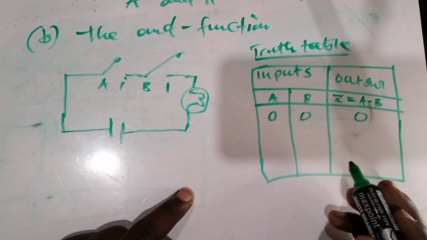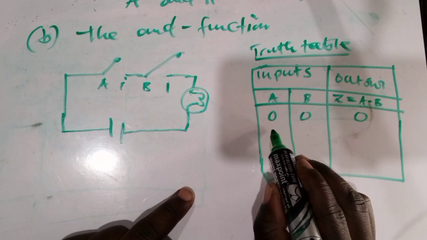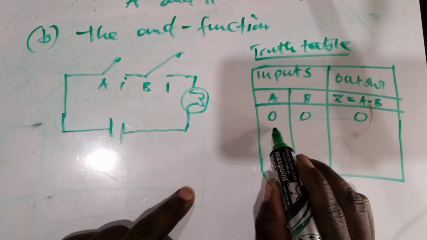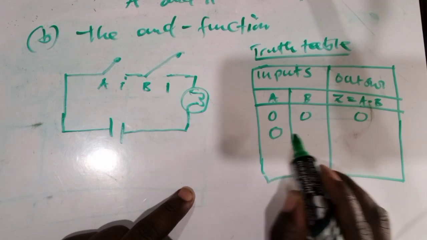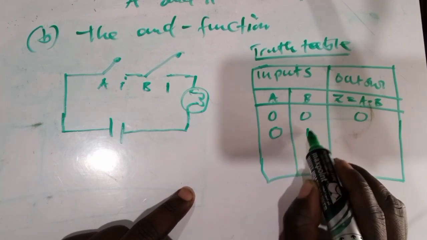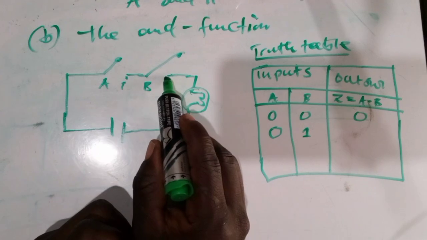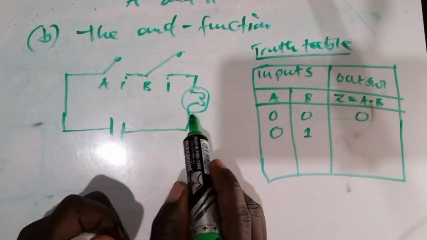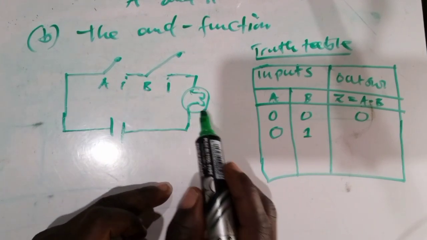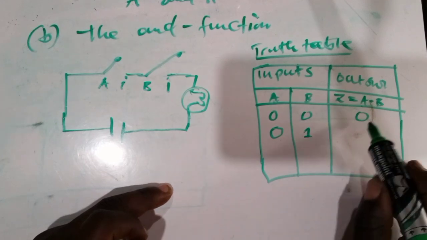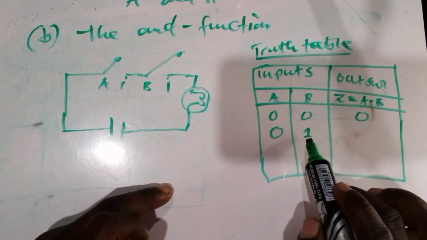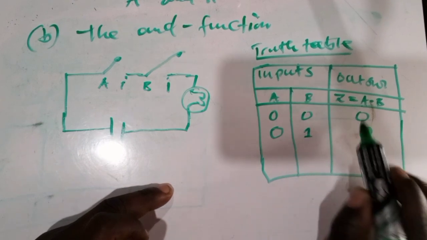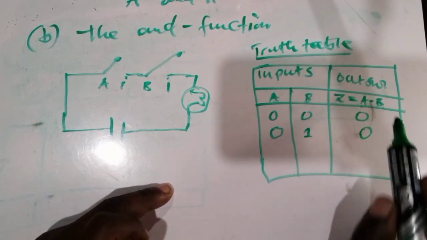What if we leave A open and we close B? The switch is still open, so the bulb won't be on. So our output, 0 times 1, is 0.